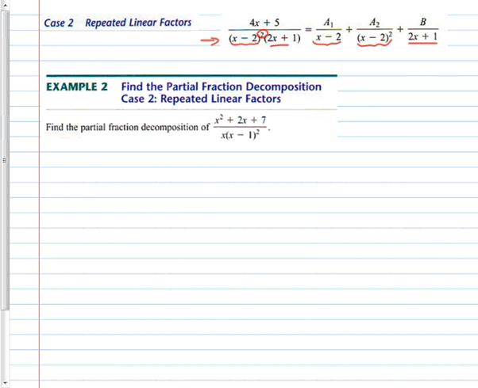What they're telling you is if you have a factor that's raised to a power, you have to have the same number of fractions as that power. If this was x minus 2 cubed, I'd have one fraction, x minus 2, and then another one, x minus 2 squared, and then a third one, x minus 2 cubed. Whenever I have a power, I'm going to have that many fractions, starting at the first, and then going all the way up to that power. So we're going to see one right down here.